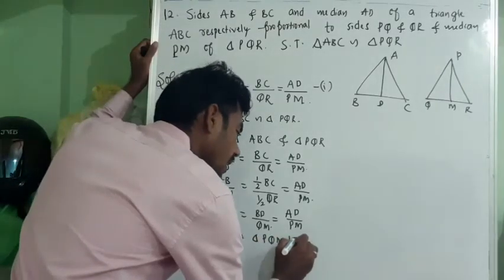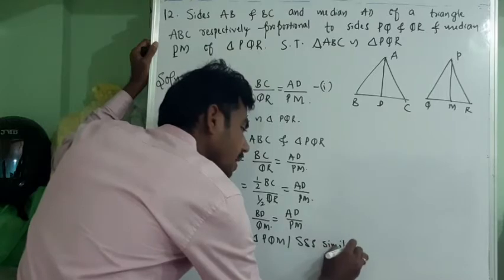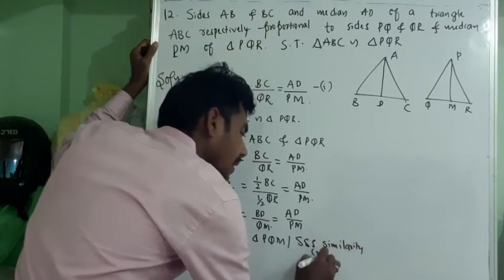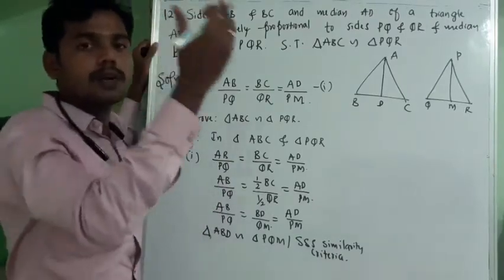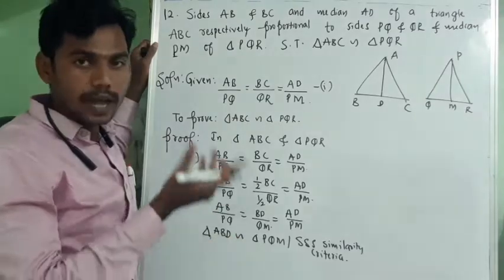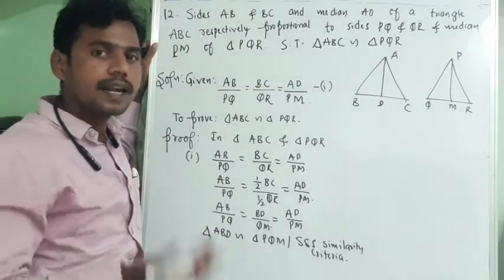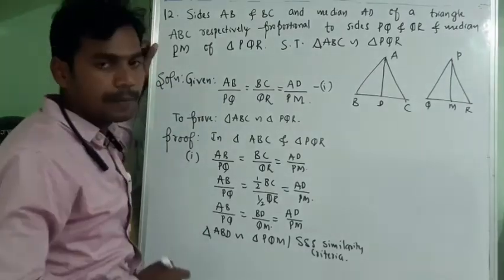So that is SSS similarity criteria. Three sides of one triangle are proportional to the three sides of the other triangle, then those two triangles will be similar. What is that criteria? Sides, triple S criteria, three sides criteria. So that only I made use of.